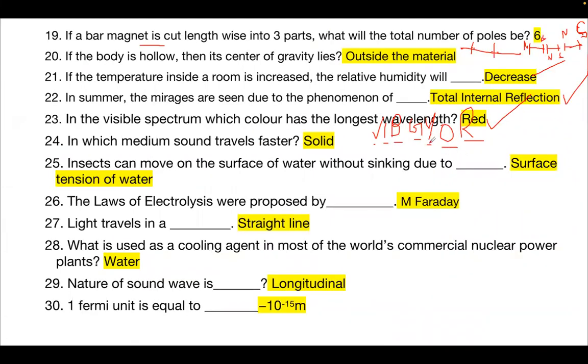So the red will have the longest wavelength. So here we will be having infrared waves. Here we will be having UV rays. After that, VIBGYOR. After VIBGYOR, we will be having infrared waves. Okay.